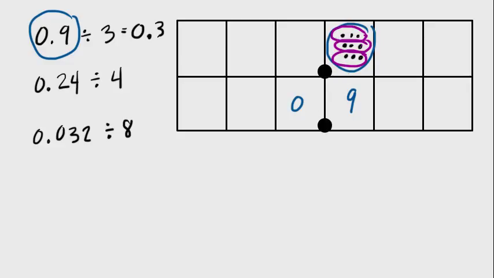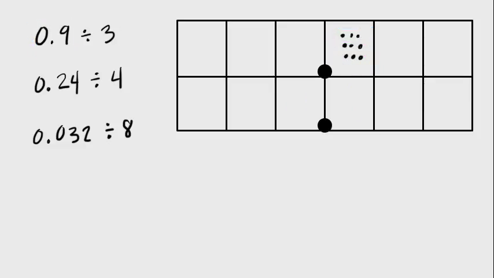Now, if we take this a step further and go into this next one, right? So we had our answer, 3/10. Could we do the same thing with this one? Now, I don't necessarily want to draw 24 hundredths.